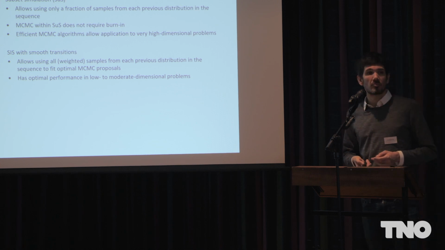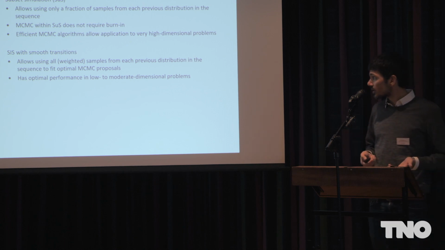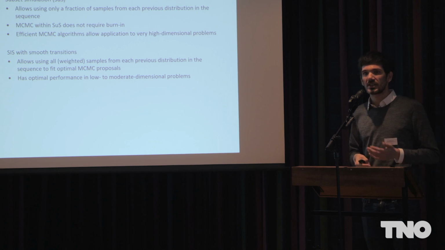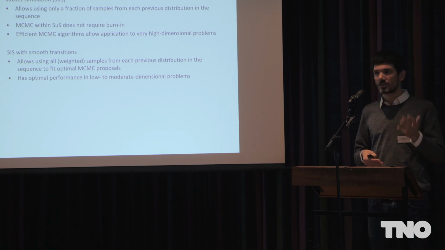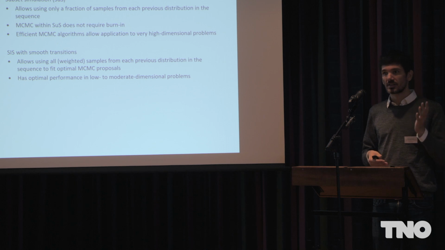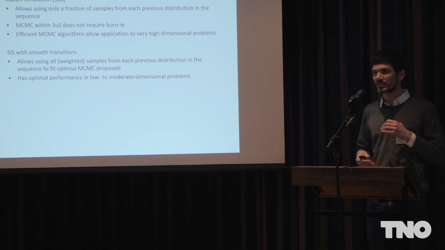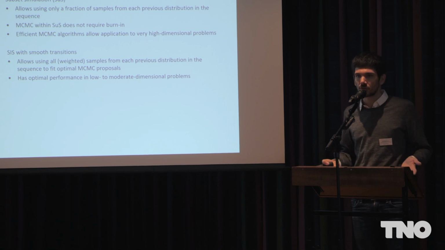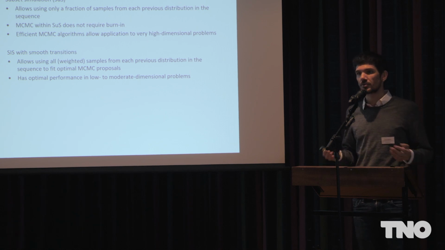And we saw that efficient MCMC algorithms allow application to very high-dimensional problems. I have to say that many times subset simulation is regarded as a method that works very well in high dimensions. One should always keep in mind that this has to be paired with the appropriate MCMC algorithm. If you don't use a good MCMC algorithm, the method will fail in high dimensions.